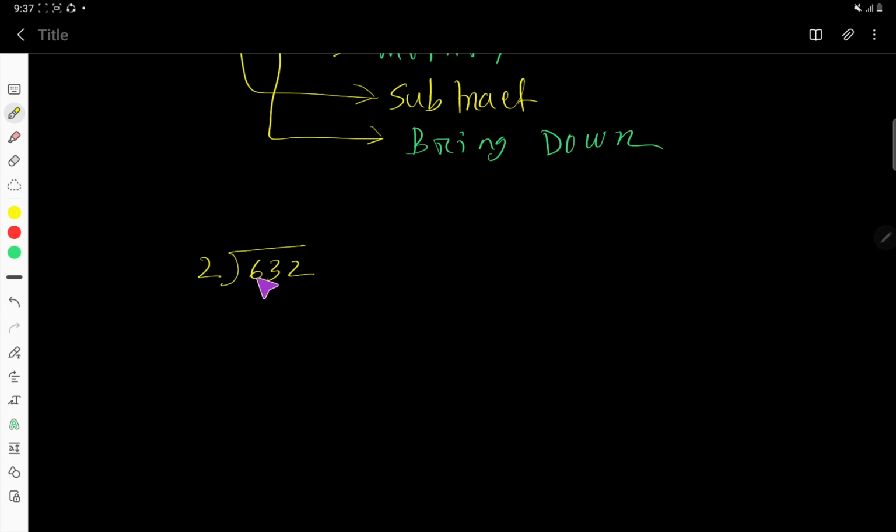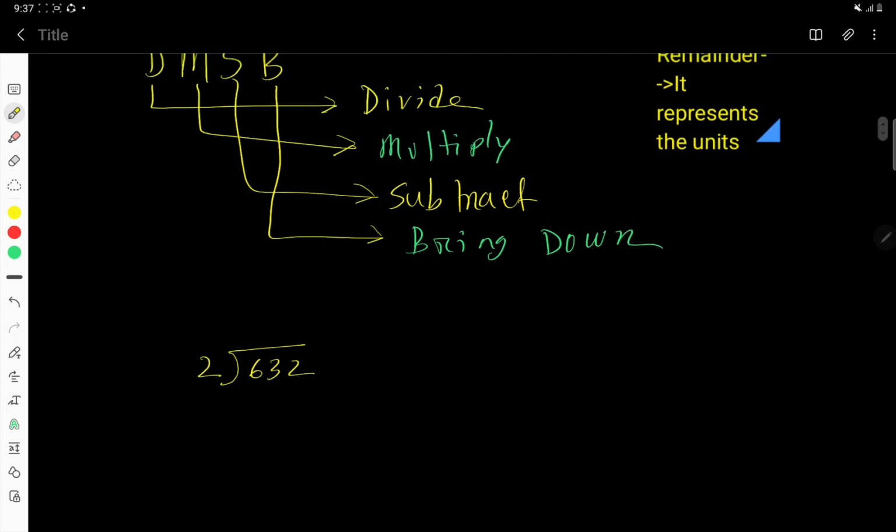We have to divide digit by digit. Here the dividend is a 3-digit number and the divisor is a 1-digit number. So how many times does 2 go into 6?